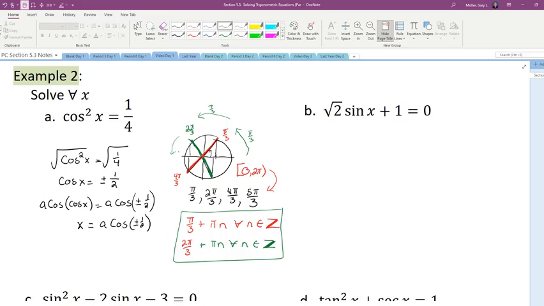But let's see if we can use the same trick from last time. Notice that they are equally distant from here, and they're equally distant from here. So can I say that in one statement? I think the answer is yes.